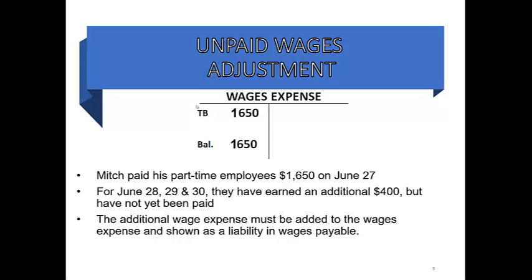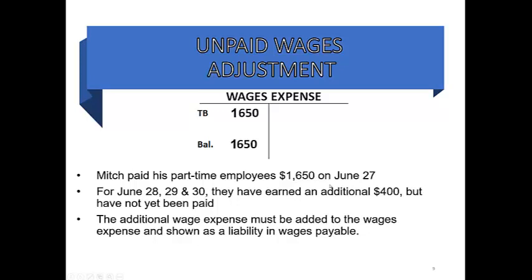In this example, Mitch's trial balance says that he has already paid his employees $1,650 in wages. And then it says for June the 28th, the 29th, and the 30th, they earned an additional $400 but have not been paid.